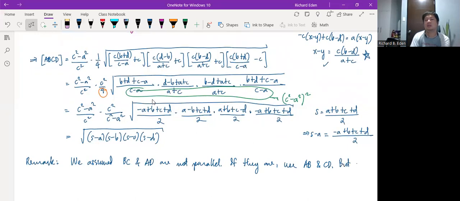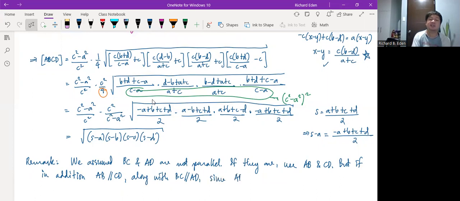But if in addition, AB is parallel to CD along with BC being parallel to AD, since ABCD is cyclic, then ABCD must be a rectangle.